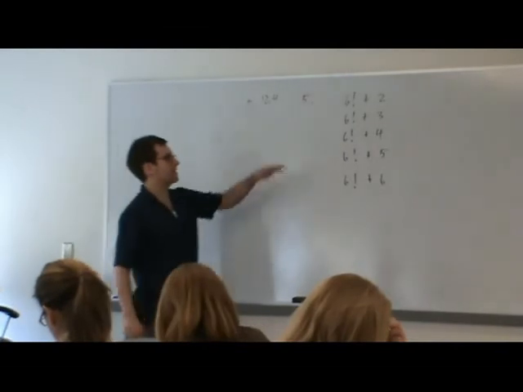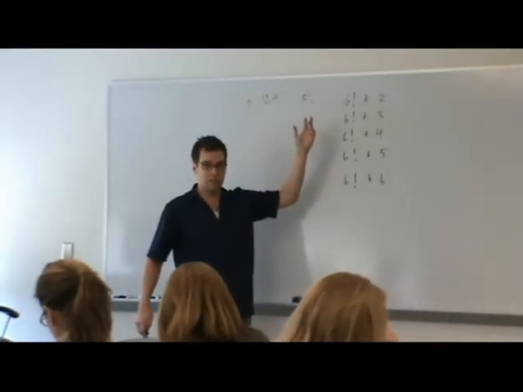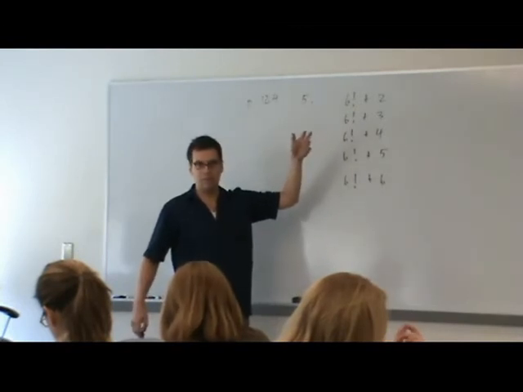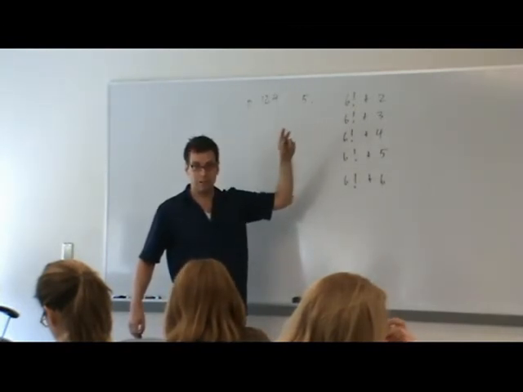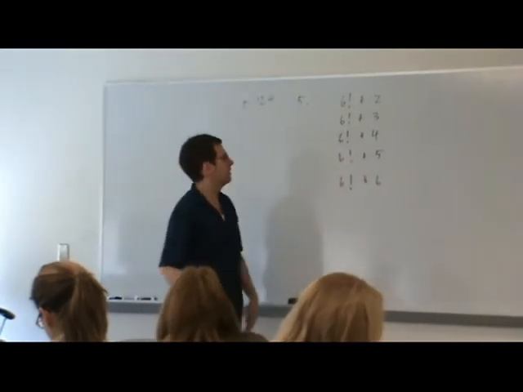Obviously, any factorial is going to be an even number, isn't it? Except for one factorial, because every factorial is going to contain 2 as a factor. So every factorial is 2 times something, so it's going to be even.